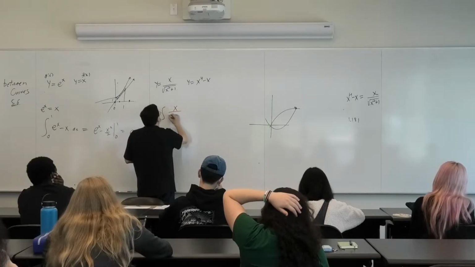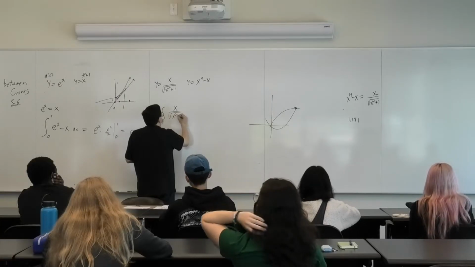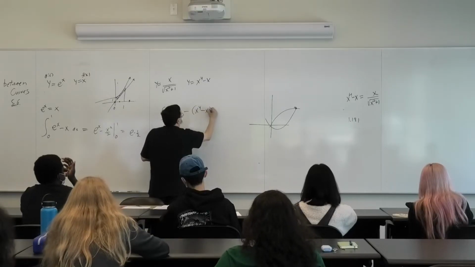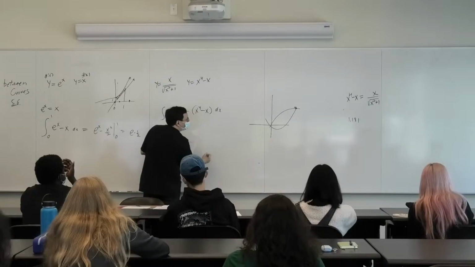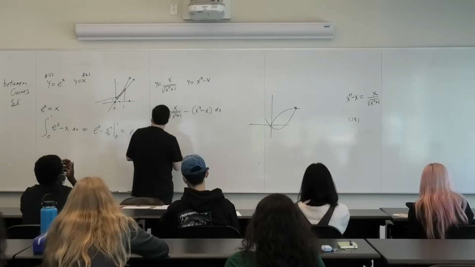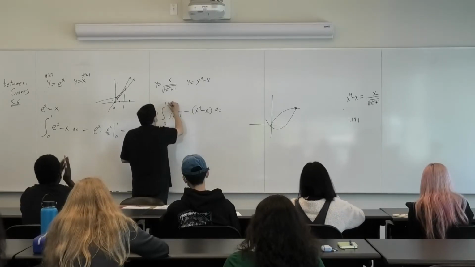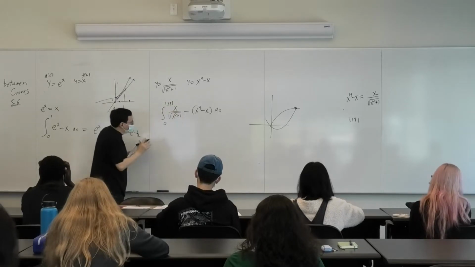So the integral of x over the square root of x squared plus 1 minus x to the fourth minus x dx from 0 to 1.18, approximately.